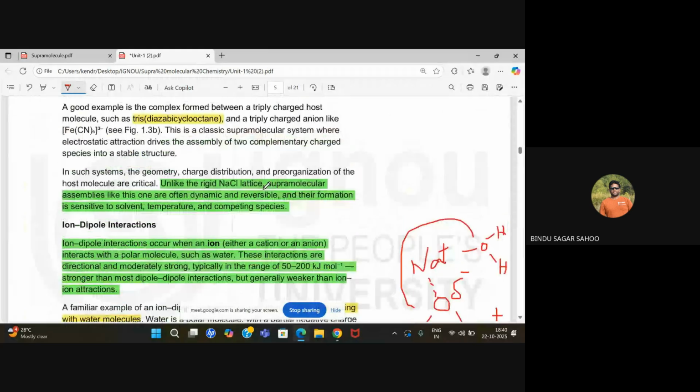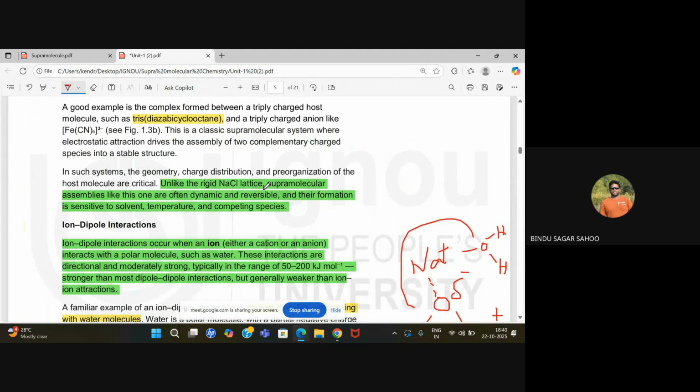Another difference between covalent and non-covalent interactions is that non-covalent interactions can be a little dynamic or reversible, and sensitive to solvent and temperature. If you supply more temperature, these non-covalent interactions can break. Sometimes in a supramolecular compound, they can break and again form. Yes or no?